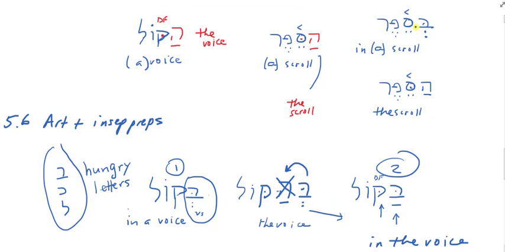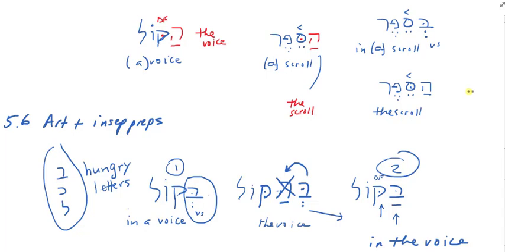Remember that the preposition bet comes standard with a vocal shva under it, and that's what I should always expect to be there unless something makes it go away. So sefer, a scroll, b-sefer, in a scroll. I have here sefer, scroll, ha-sefer, with the dagesh forte in the samek, the scroll.